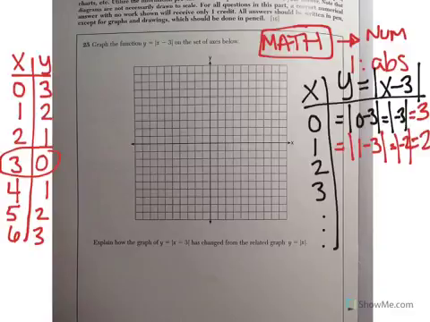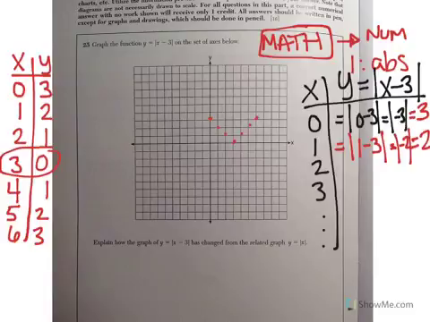So let's graph these points, and so we have 0, 3, so 0 in the x, 3 in the y, 1 in the x, 2 in the y, 2, 1, 3, 0, 4, 1, 5, 2, 6, 3.